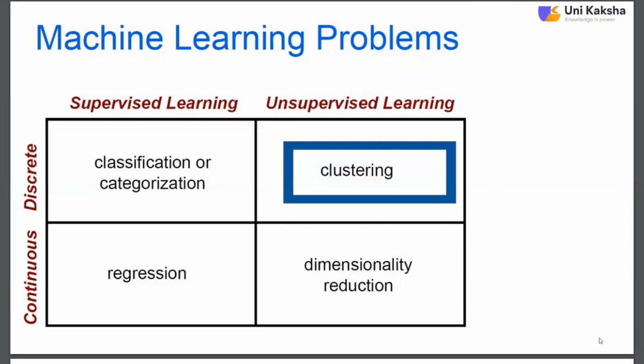That is called dimensionality reduction. These problems come under unsupervised machine learning algorithms. In supervised machine learning, we have classification and categorization problems and different regression problems.